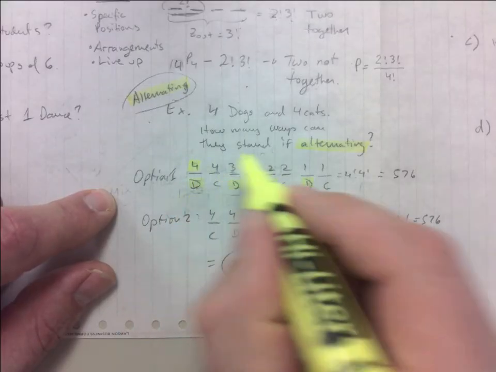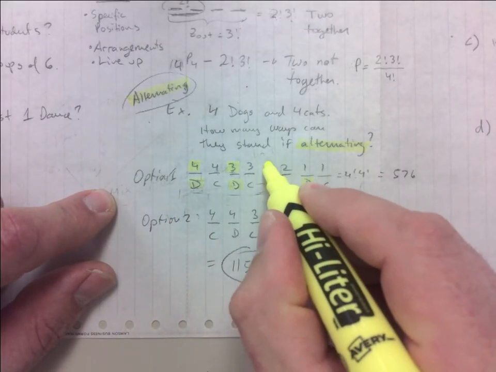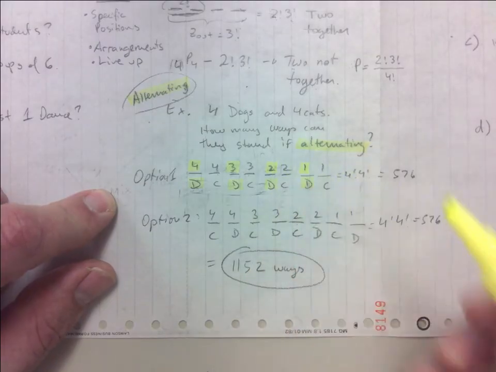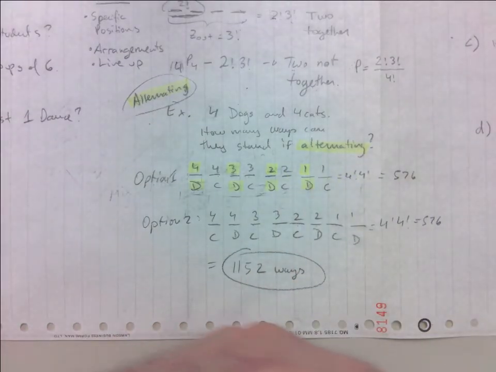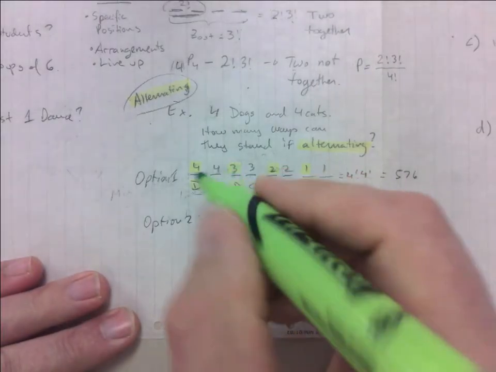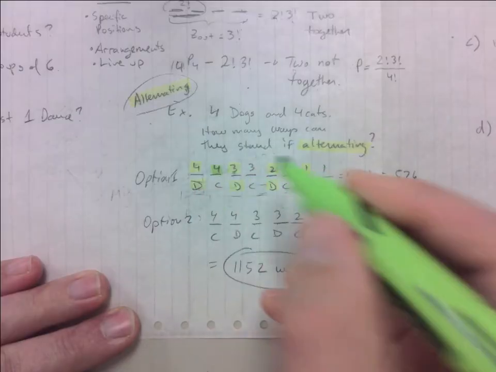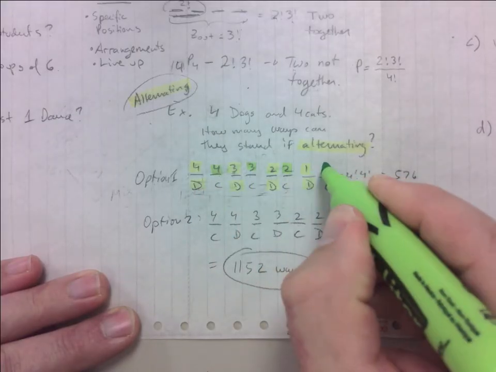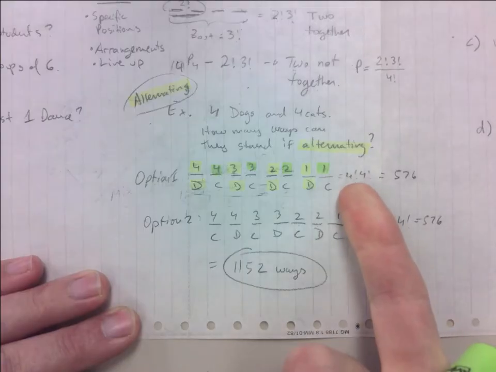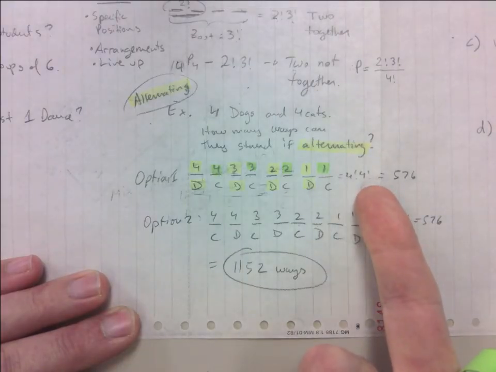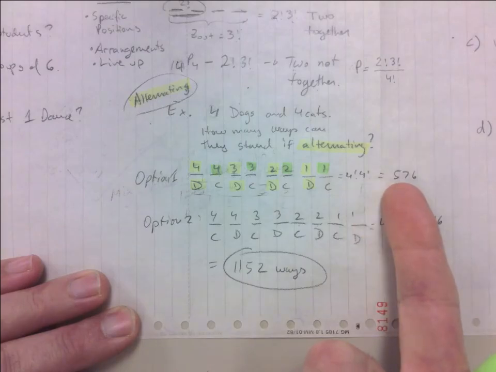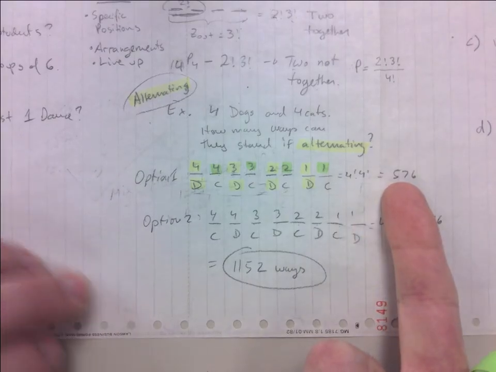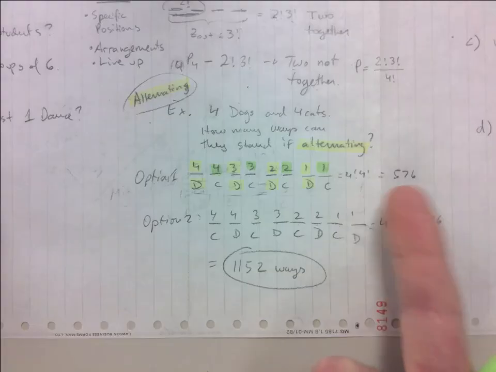So there's 4, 3, 2, 1 in a sense, right? And then I put the cats in between them. They're alternating. So right, 4, 3, 2, 1. So it ends up being 4 factorial times 4 factorial if you think about it. That's 576.